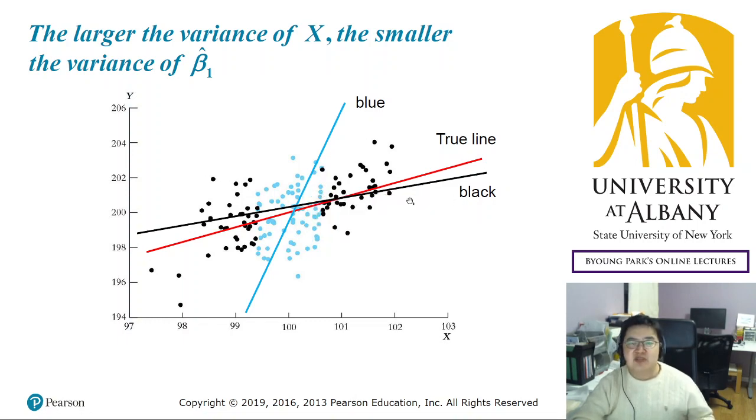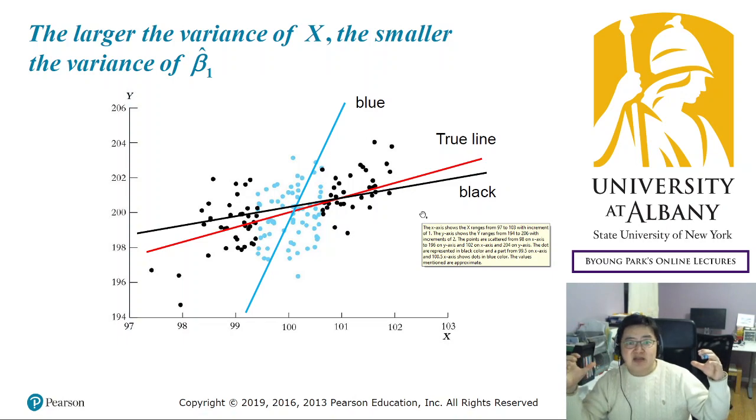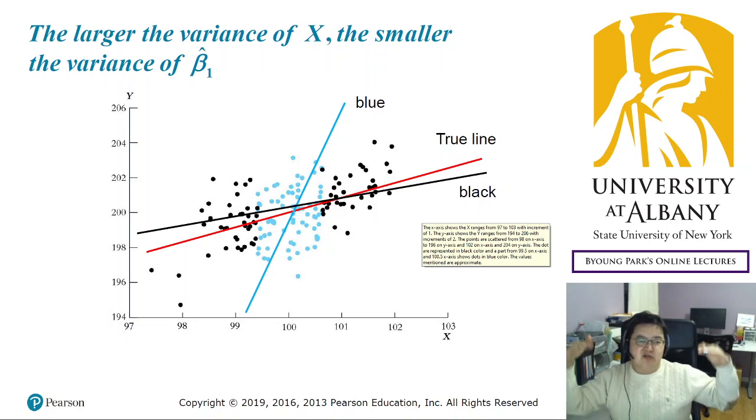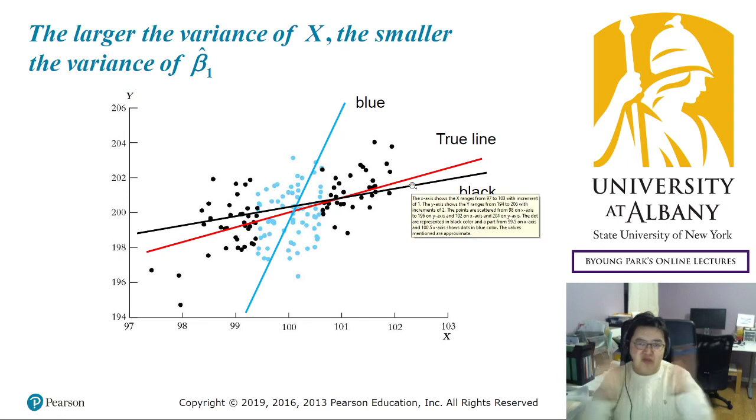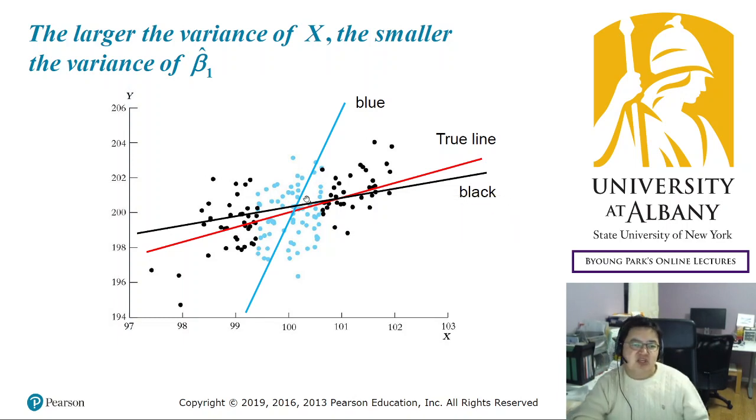But black is more stable because the base is wide. Small errors do not matter. So a wide base implies you are more stable. Even if there are small errors on both sides, the slope itself does not change that much. When you have a narrow base, you have a huge tilt from a small error, like here.